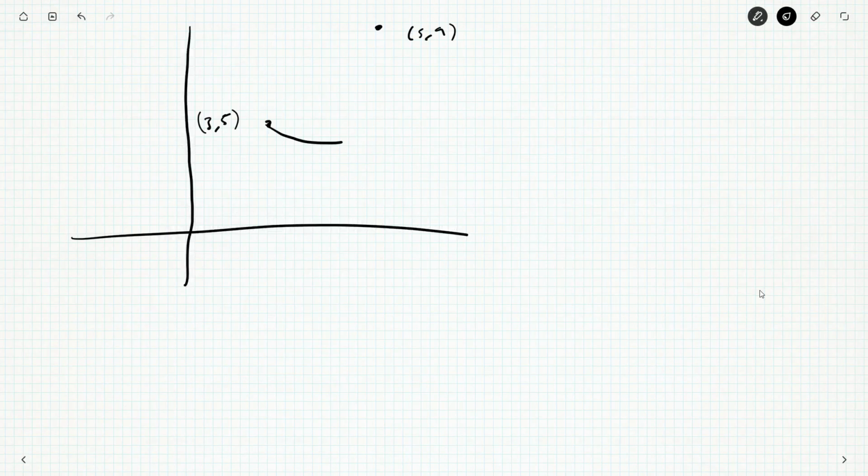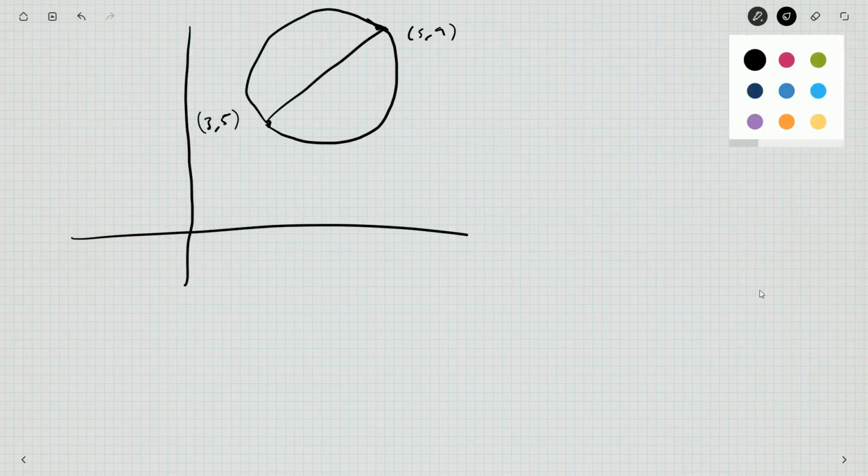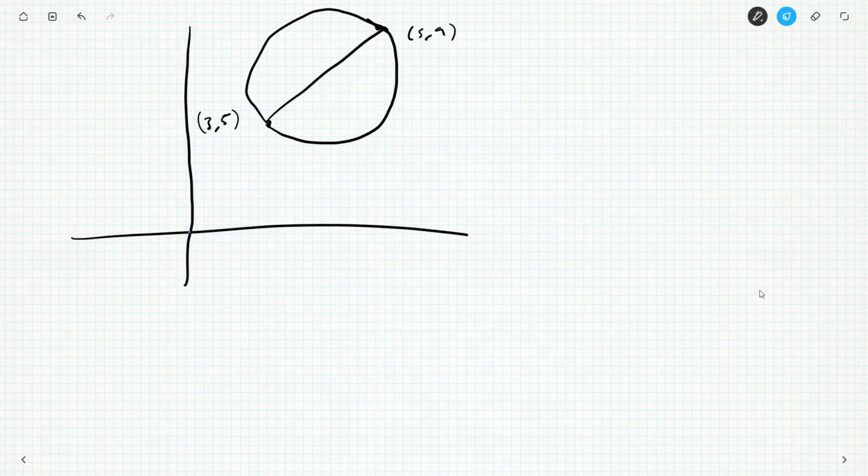So that gives me a circle, and it's a diameter. Now, if I want the line through the origin to cut this thing in half, when I restrict it to my circle, this will have to be a diameter, and therefore it will pass through the center.